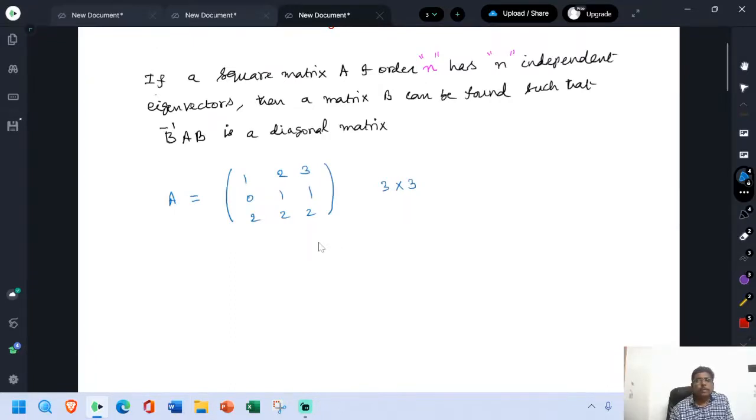Then, with the help of this matrix, we can get eigenvalues. For this matrix, we can have 3 eigenvalues, lambda 1, lambda 2 and lambda 3, because the order of the matrix is 3 by 3, 3 rows and 3 columns.